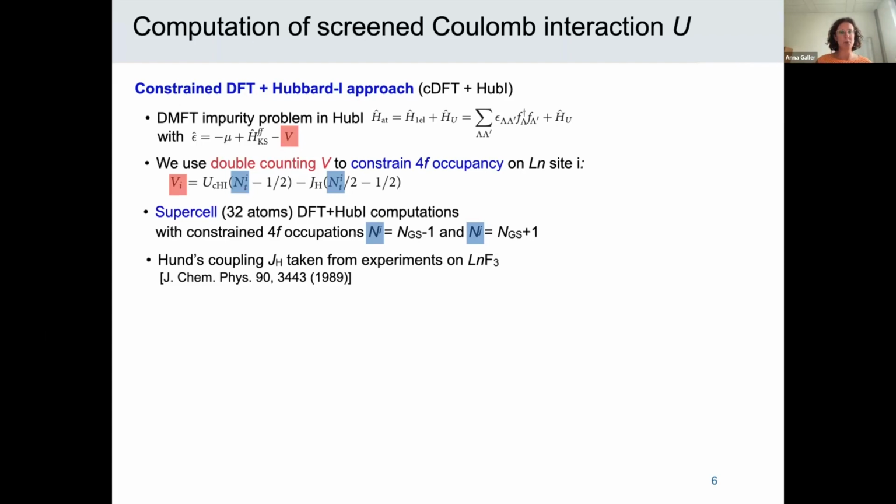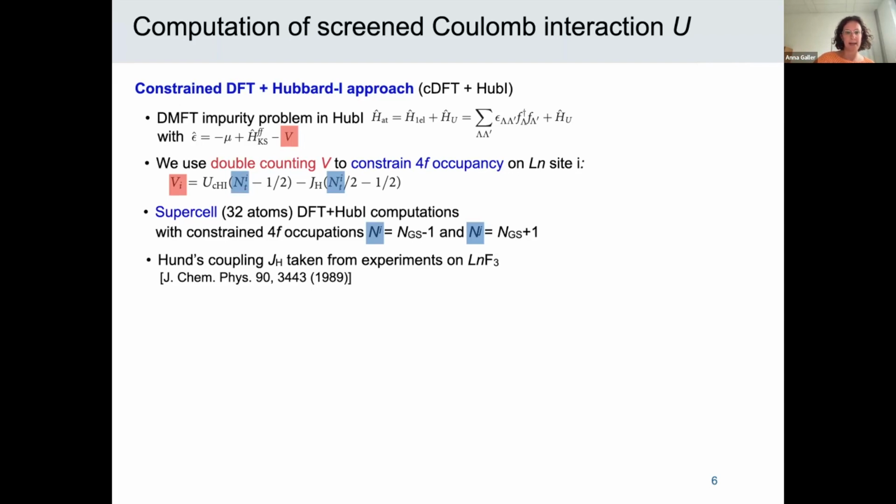So essentially, what I do are DFT plus Hubbard-1 supercell computations. And in these supercells, I have many rare earth sites, and I pick one site where I constrain the occupancy to the ground state occupancy, which is 3+ in this case, minus 1, and then I pick another remote site where I constrain the occupancy to the ground state occupancy plus 1.